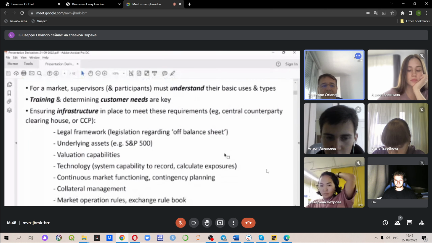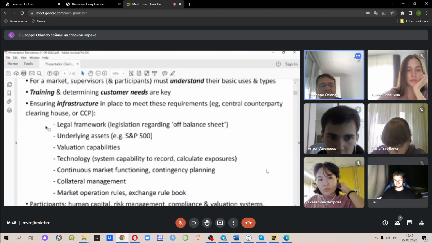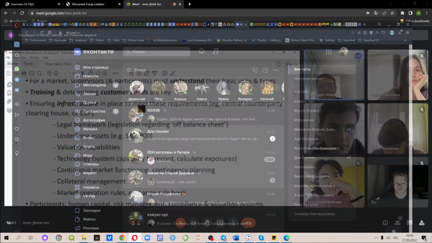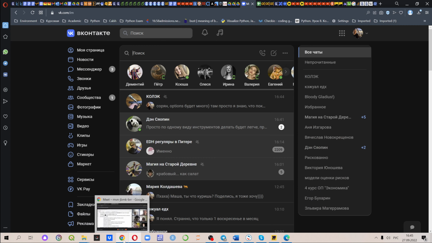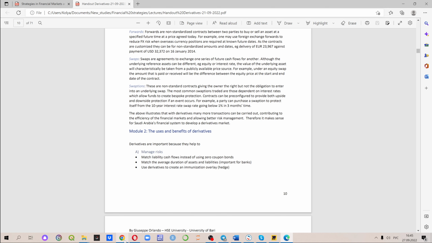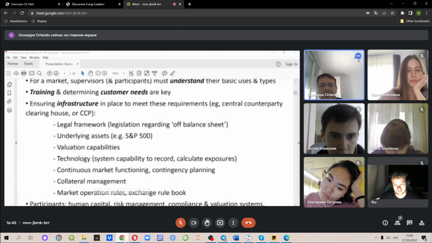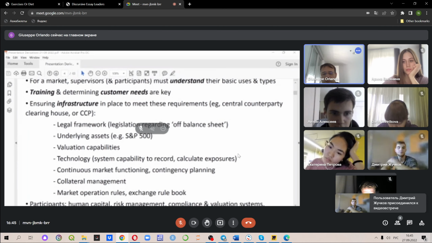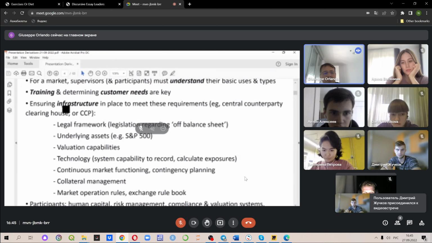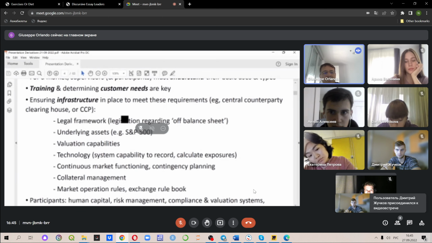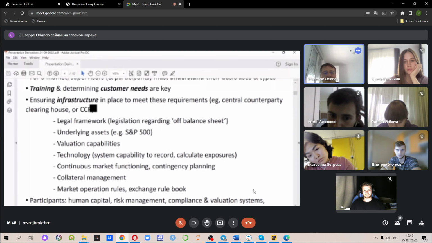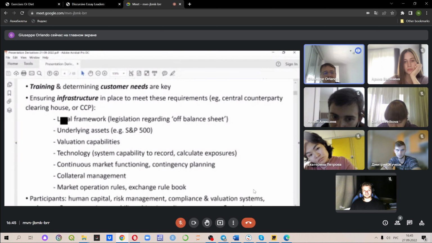So what is the point? Training in order to understand those instruments, but also the need to ensure that some infrastructure is in place.